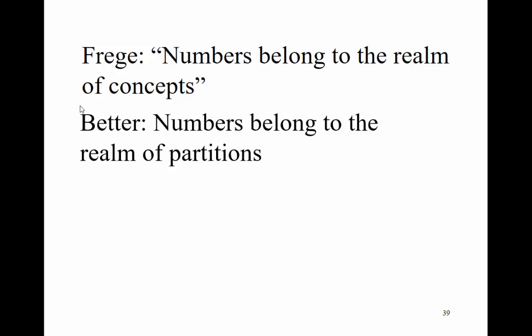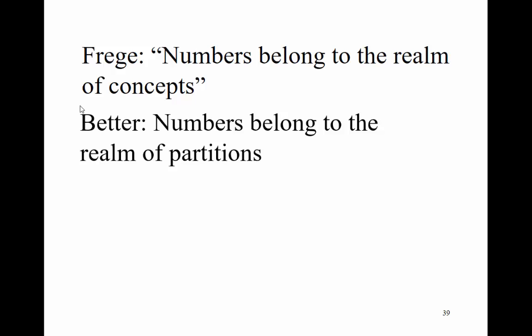So we're not interested in the concept banana when we count. We're interested in those things in the environment of the counter, which, in Frege's terms, fall under the concept banana. But then in order to have those things available for counting, we need to partition them from their environments and from non-banana entities. So we can't count without partitions.